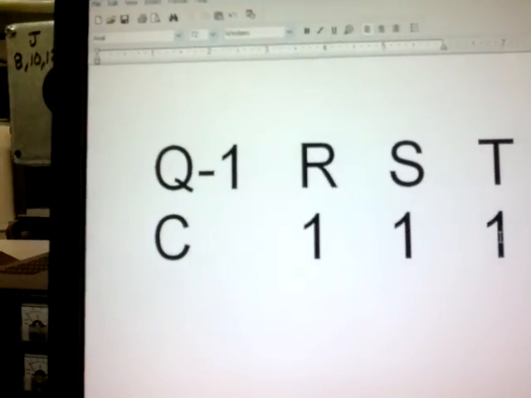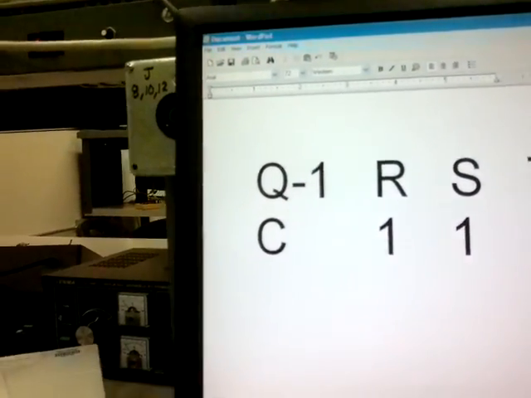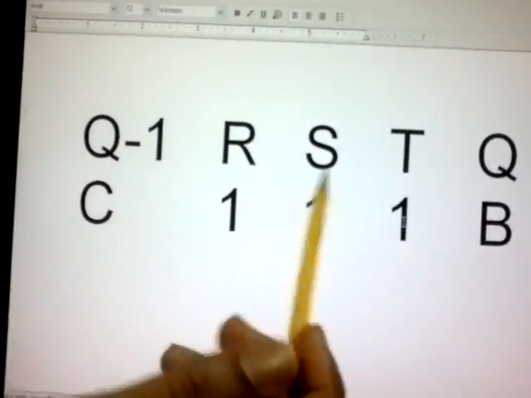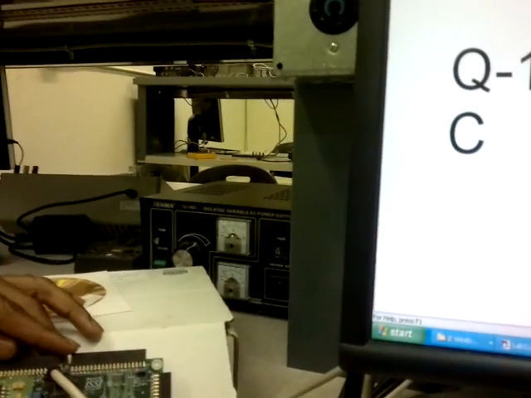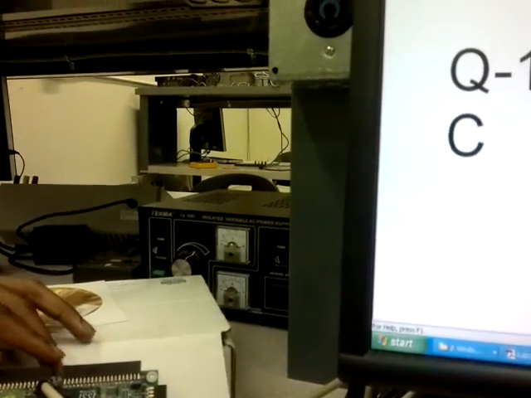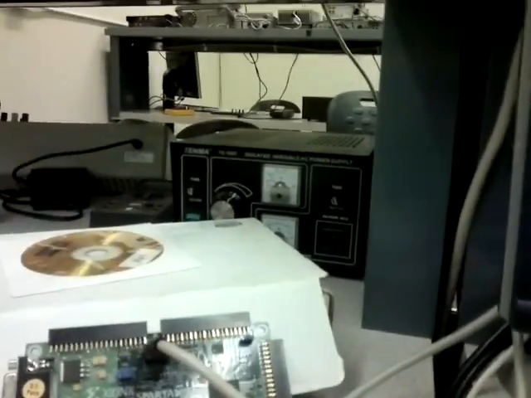We can get state B, but the two important inputs here are R and T. S is don't care, but we used one still for S. And on the Spartan board we have a high for R, a high for S, and a high for T. And as you can see, it flickers between state B and state C. So we have Q1 and Q2 lighting up one after another.